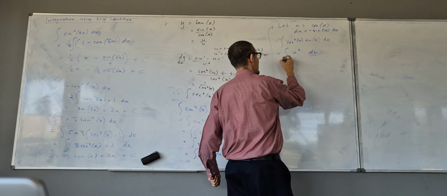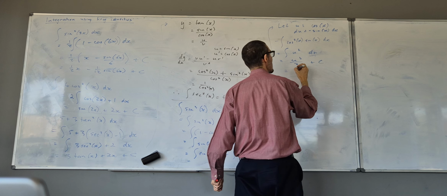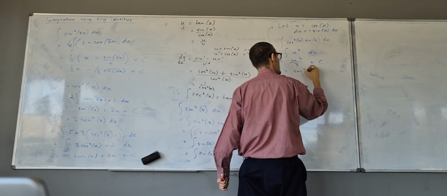So this bit is u cubed on 3, or what's u cubed? Cos cubed x.